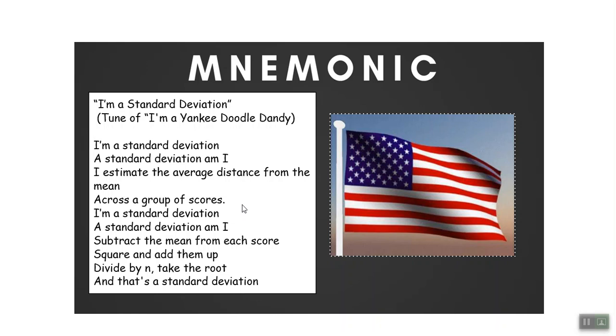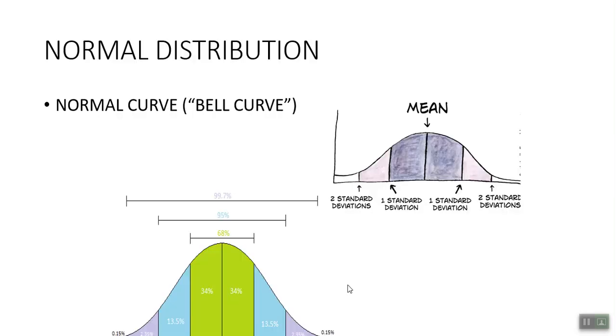I'm a standard deviation, am I. Subtract the mean from each square and add them up. Divide by n, take the root, and that's a standard deviation. Yeah! So there you go. You can memorize this little tune if it's helpful for you.